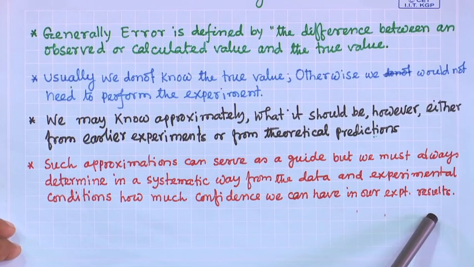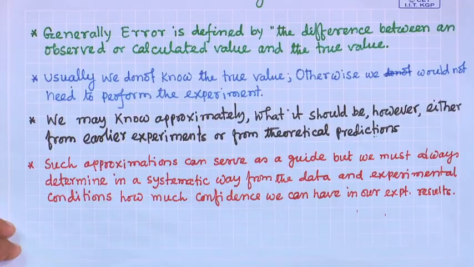So, we do the experiment, find the result, and compare it with the true value, the available experimental value, or the value predicted by theory, and then we gain confidence in our measurement and our results.